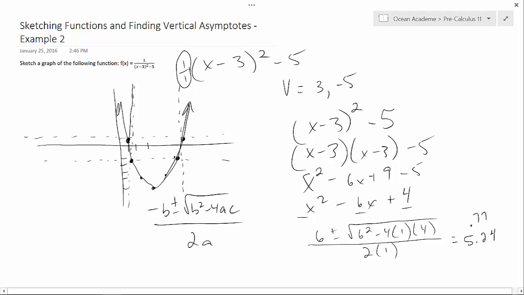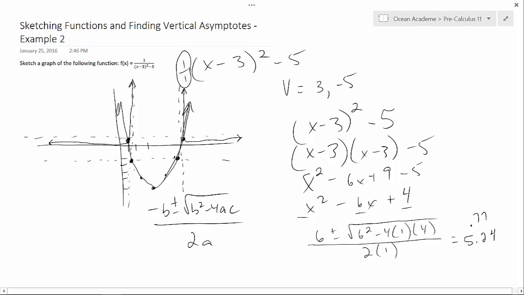This cannot cross that asymptote, and it also cannot cross the x-axis. That would be the same on this side, where this cannot cross the asymptote and cannot cross the x-axis.